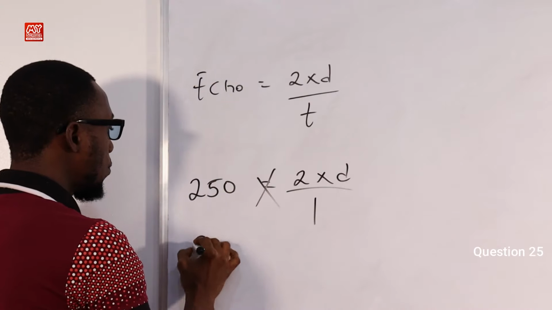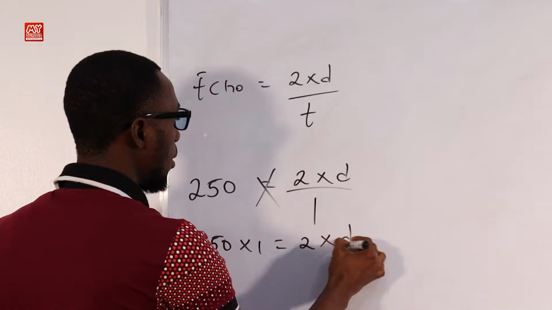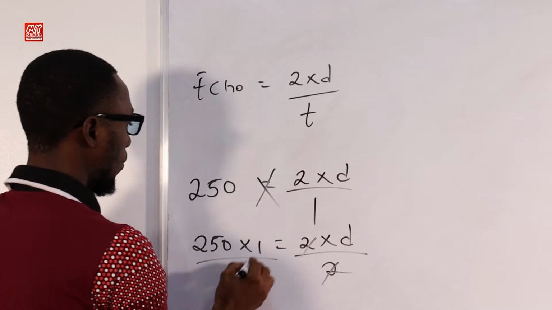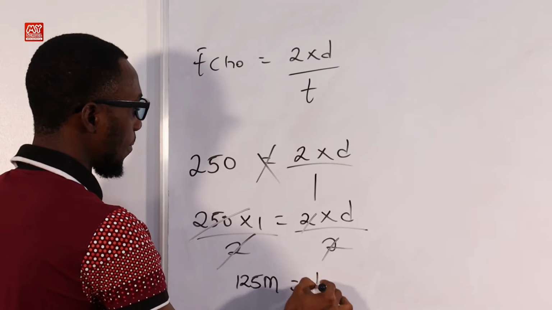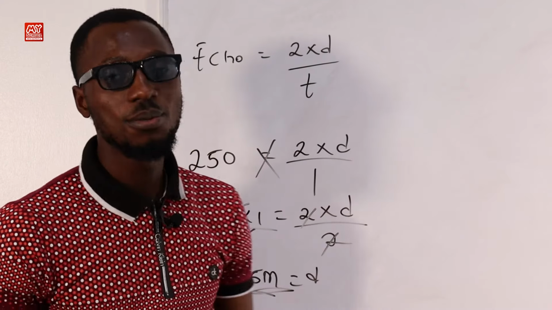So we have 250 times 1 equals 2 times d, so d is 125 meters. So the ship is 125 meters closer to the cliff.